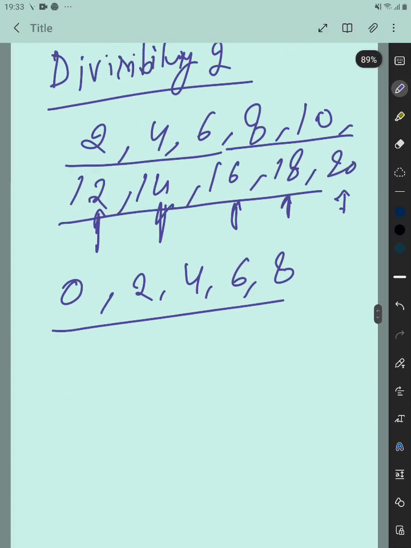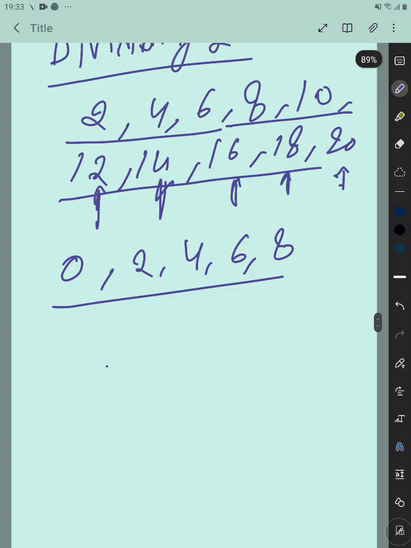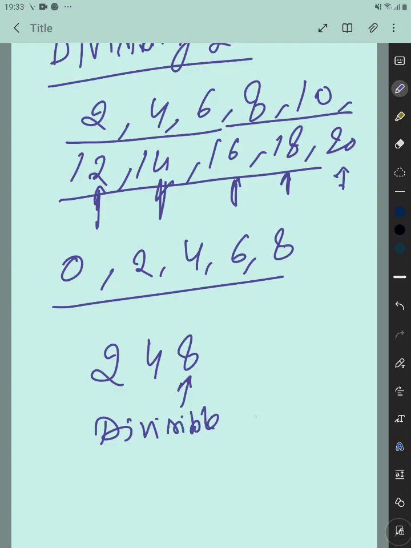Take any number, for example 248. Since its unit digit is 8, it is divisible by 2.